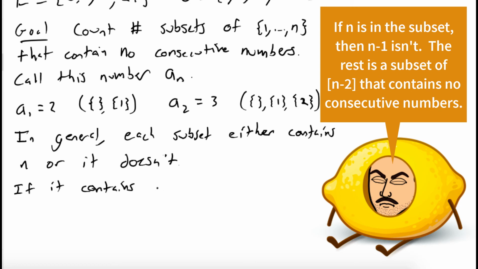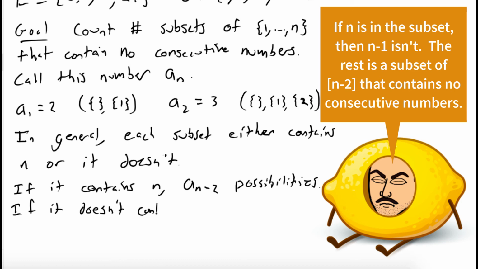If it contains n, well then we can't have n minus 1 in our subset. But we could have n minus 2 in the other ones as long as they don't have consecutive numbers. So there's a sub n minus 2 possibilities. And if it doesn't contain n, well, then that's the same thing as having a subset of n minus 1 that doesn't have consecutive numbers.